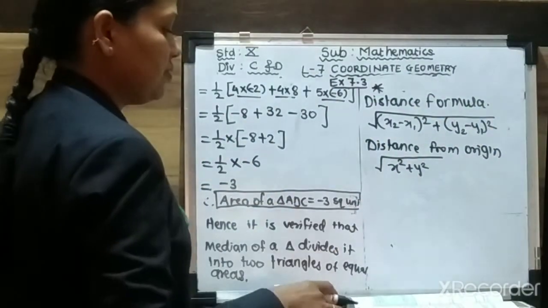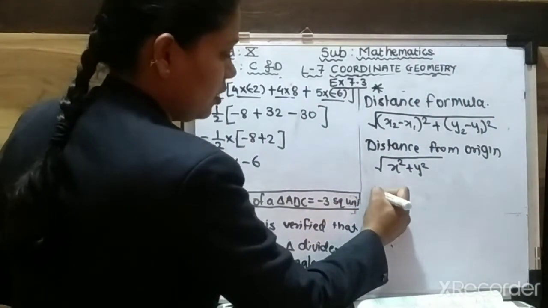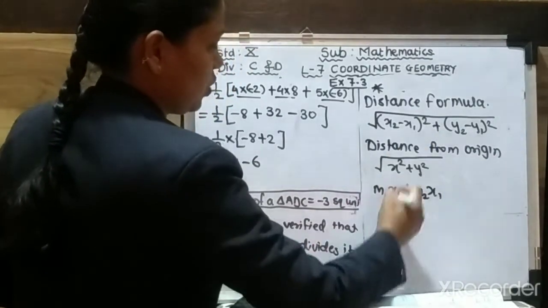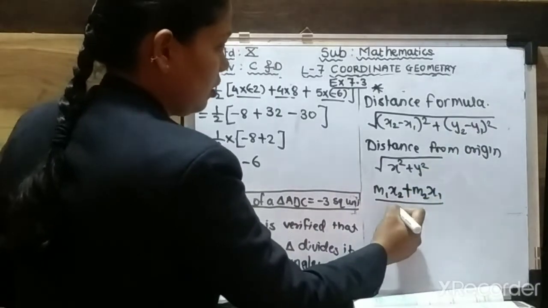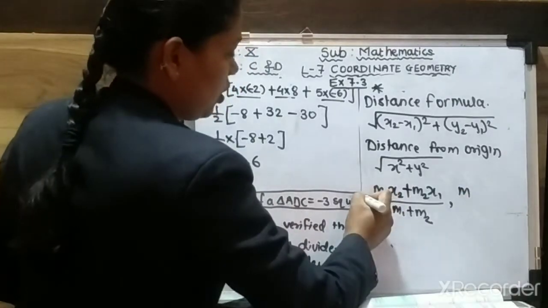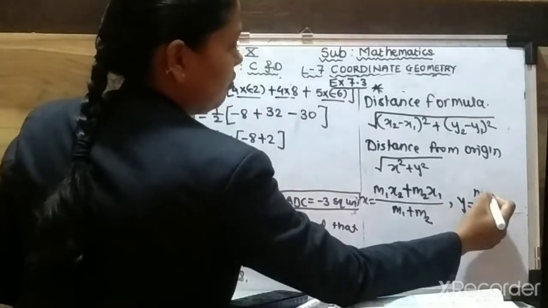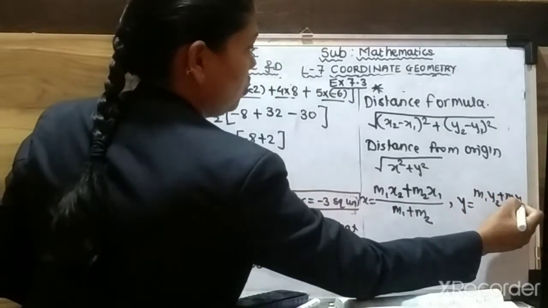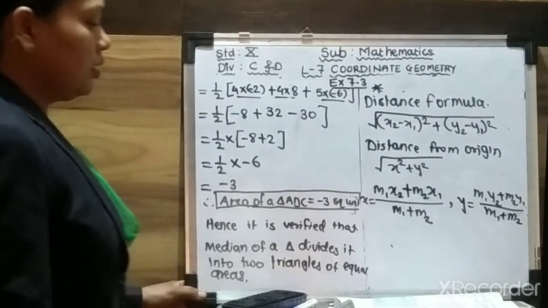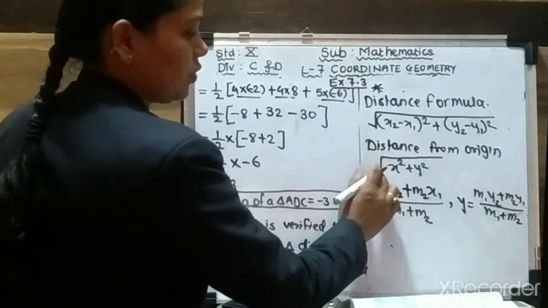At that time we have seen the formula, the section formula. So m1 x2 plus m2 x1 upon m1 plus m2 for the x coordinate, and for the y coordinate m1 y2 plus m2 y1 upon m1 plus m2, right? This we have seen.